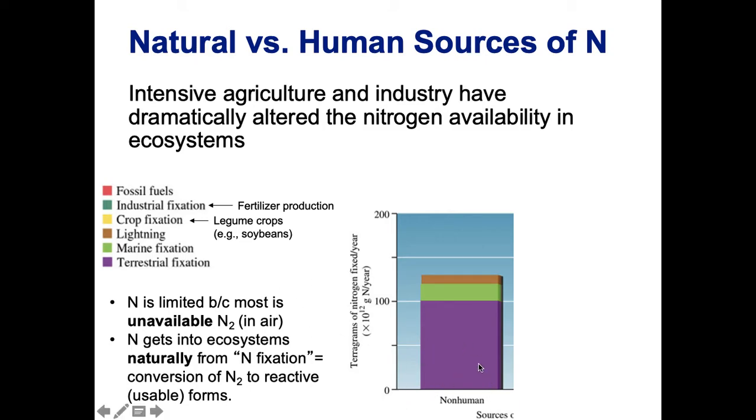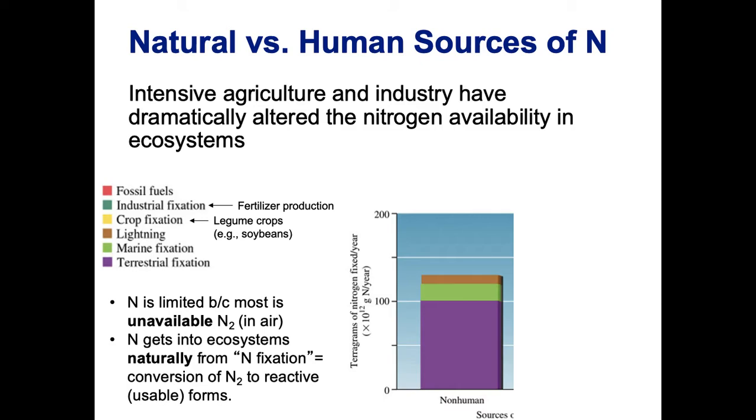So we can see here, these are the non-human sources of nitrogen fixation. Most of it comes from terrestrial nitrogen fixation. So these are organisms that can break up this triple bond. They're called nitrogen fixers, and some of them have relationships with plants. So we think of legumes, things like soybeans.